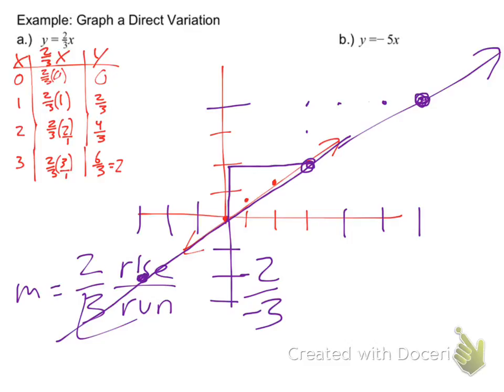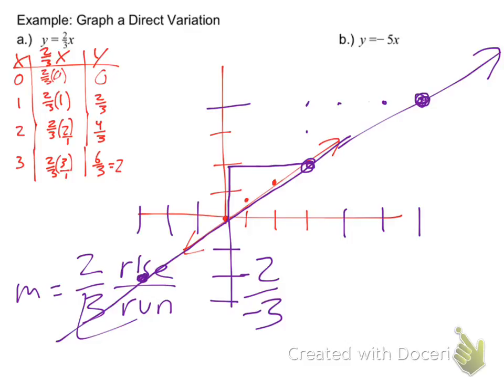So, this is what I want to do. I want to start with 1 point on direct variation. What point do you think I want to start with? 0, 0. They're all 0, 0 on a direct variation, y equals kx. Then I'm just going to find that constant of variation from the equation, and I'm going to use it as slope, rise over run.